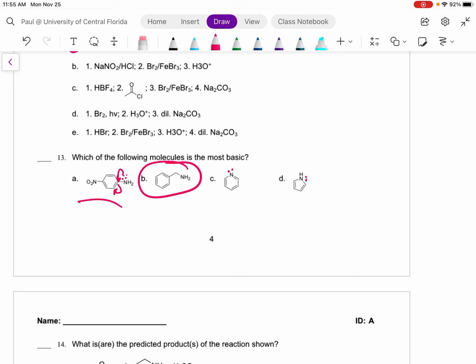So those lone pairs right there, they're caught up in resonance, so they're not solely used to act as a base. Whereas this nitrogen species, that lone pair is localized. It's just on the nitrogen, whereas this guy over here, that lone pair over there, is delocalized. And so that makes that guy, or answer choice B, the most basic, because those lone pairs are localized just on that nitrogen.